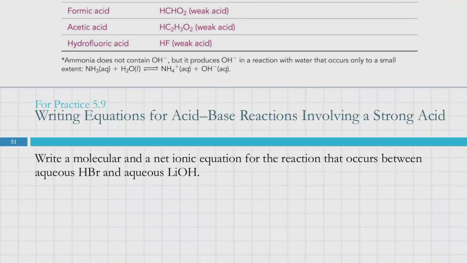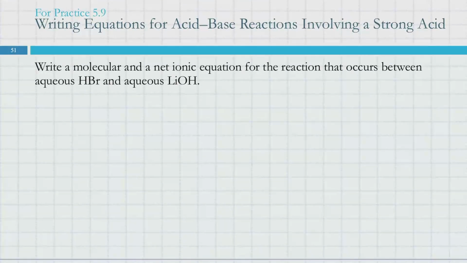Let's write a molecular and net ionic equation for the reaction that occurs between aqueous HBr and aqueous lithium hydroxide. So to start, we are told that we have HBr, it's aqueous. We also have lithium hydroxide, LiOH, also aqueous. These are going to form, what are we going to form?